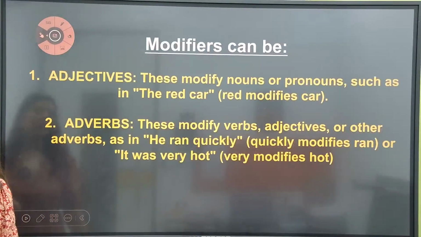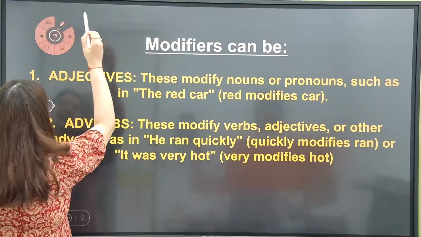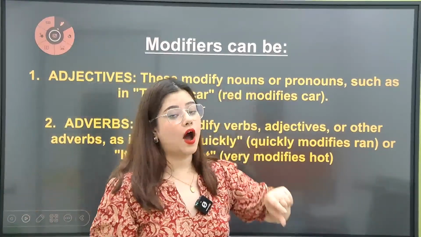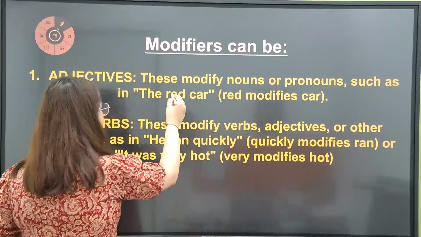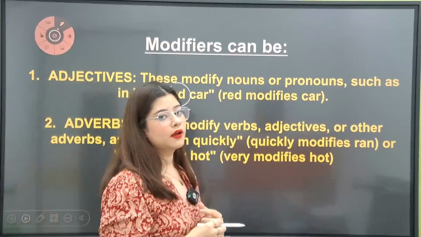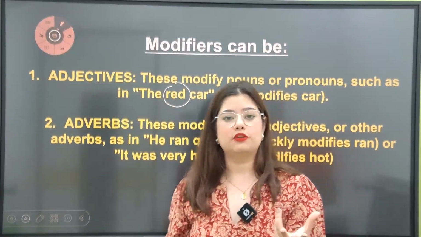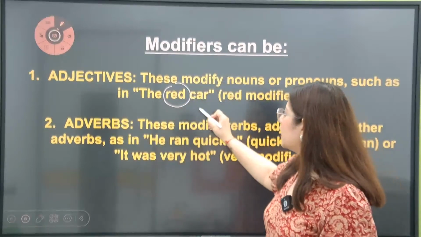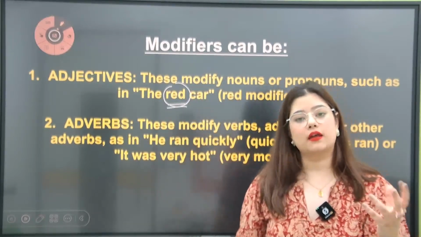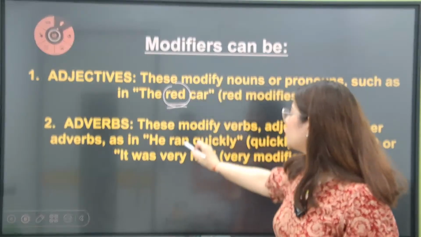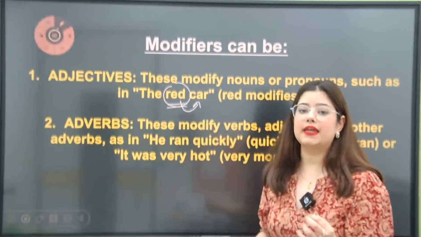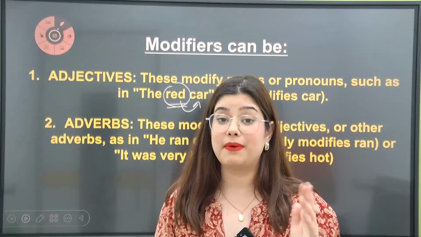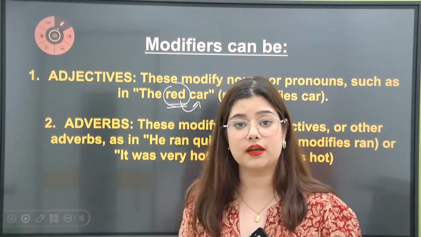So let's say, please have a look at the sentence, the red car. Here, the word red gives additional information about the car. What is that additional information? It tells us about the color of that car, right? So red here modifies the car by adding extra information, by telling us that the car is red in color.